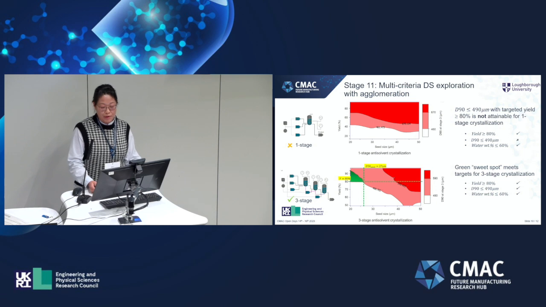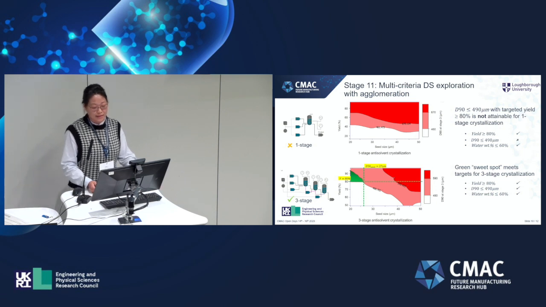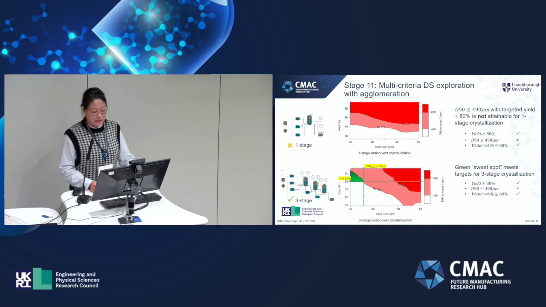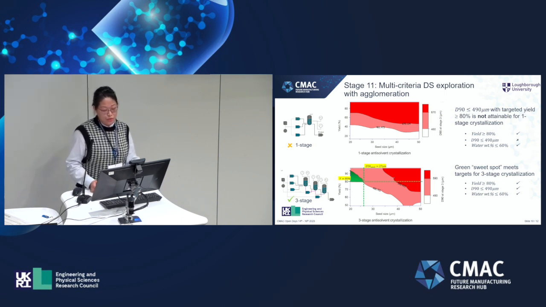So the priority of the KPIs, given the presence of the agglomeration, has shifted the focus towards particle size reduction while maintaining acceptable yield and water content. So the seed size can be optimized here to a certain limit that possibly meets the KPIs.